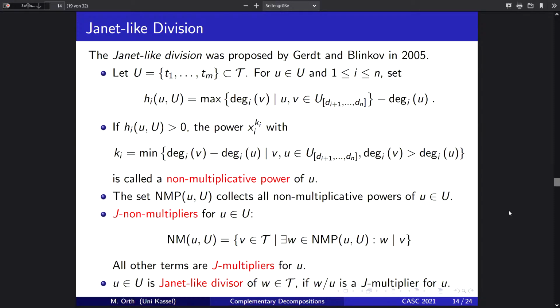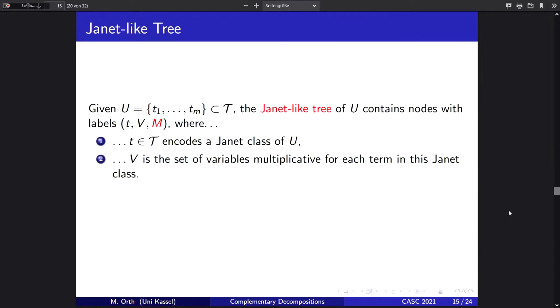And the notion of Janet-like divisor and Janet-like basis is then pretty straightforward. Also to the Janet-like division, we assign a data structure, the Janet-like tree.